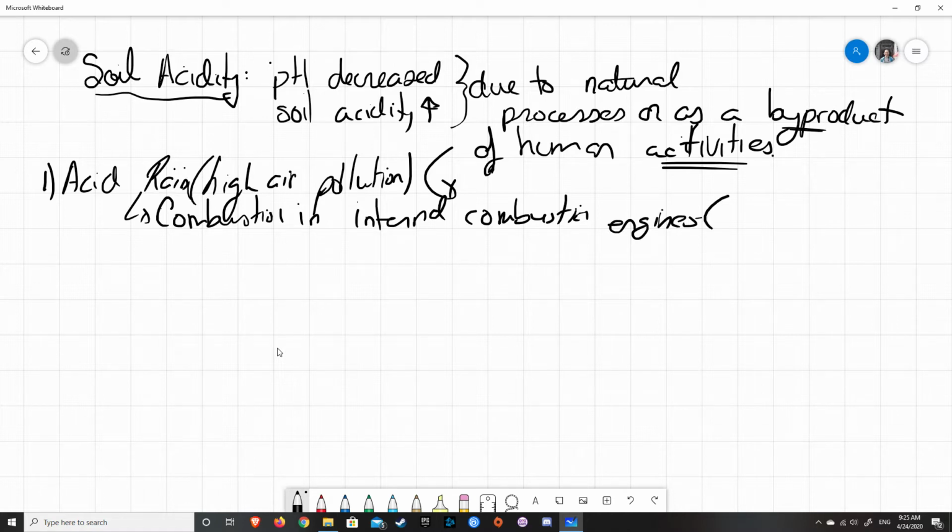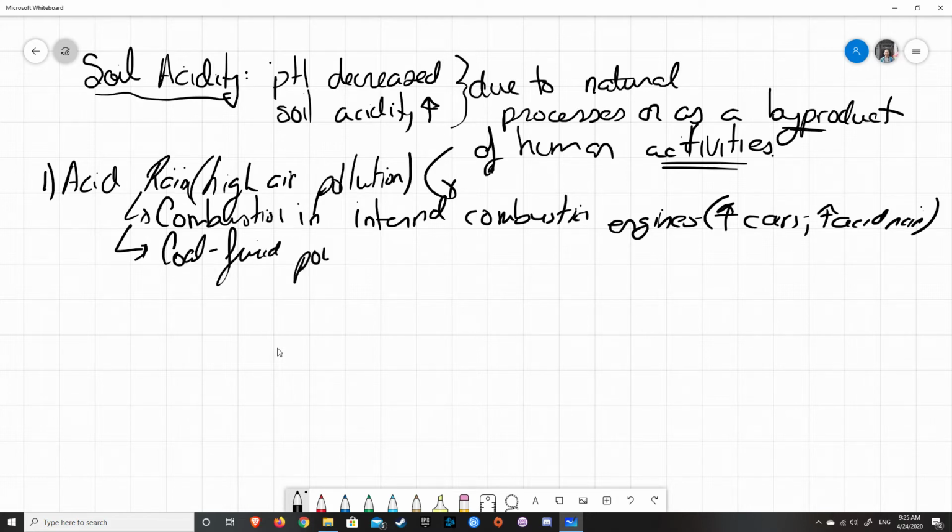So where there are more cars, there is more acid rain, and also it's from coal-fired power plants, because contained in coal is sulfur.